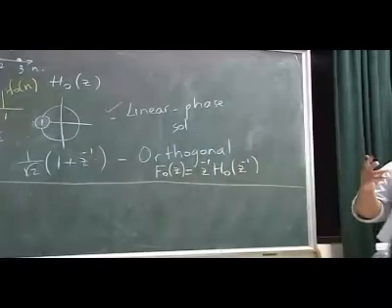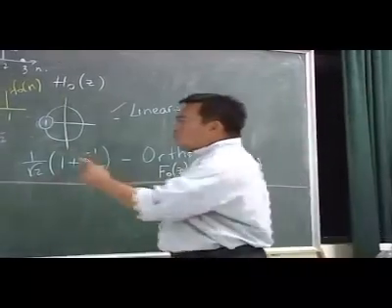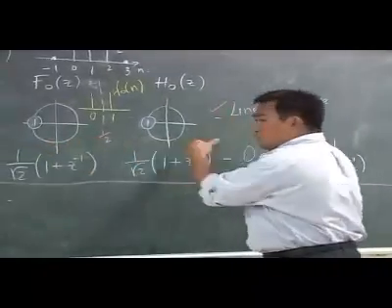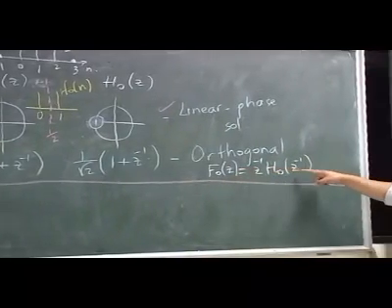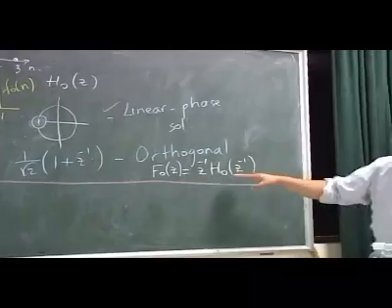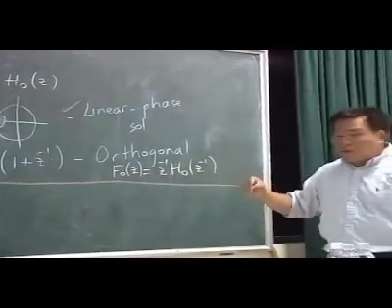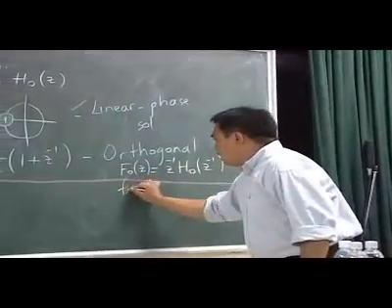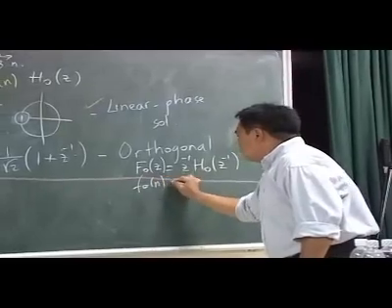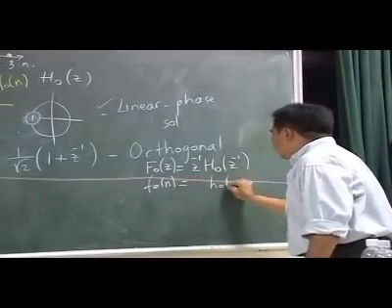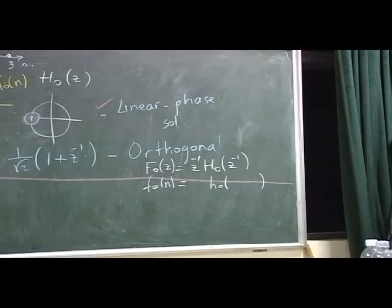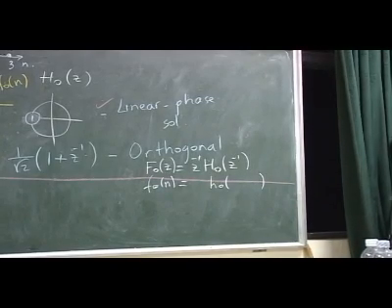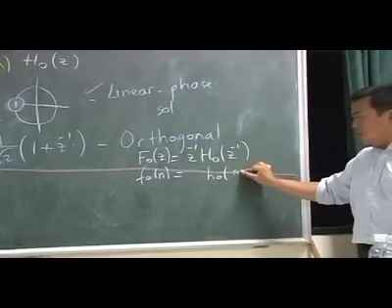I want to see whether the impulse responses of this system and this system are flipped. So take a look at this equation. Tell me, how do I write this in the time domain? How does f naught of n relate to h naught of n? Minus 1 plus n? Minus 1? N minus 1?